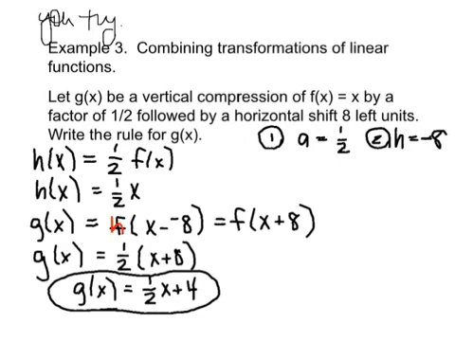This should be h of x minus a negative 8. So g of x is h of x plus 8. So we plug that into our h of x, 1/2, and where you see an x, you write in x plus 8. Distribute your 1/2 and you have your final answer.